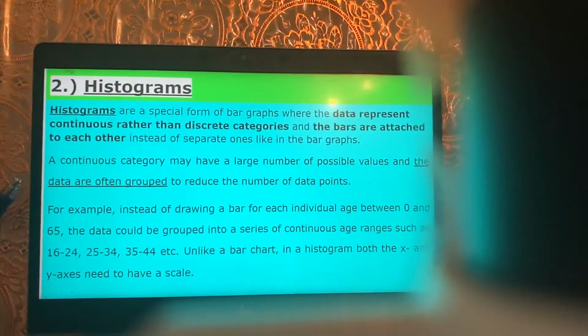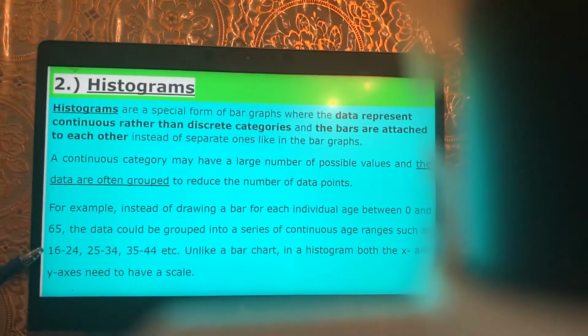So a continuous category may have a large number of possible values, and the data are often grouped to reduce the number of data points. For example, instead of drawing a bar for each individual age between 0 and 65, the data could be grouped into a series of continuous age ranges such as 16 to 24, 25 to 34, 35 to 44. Like this, unlike the bar chart, you can turn large data points into a systematic or summarized form.